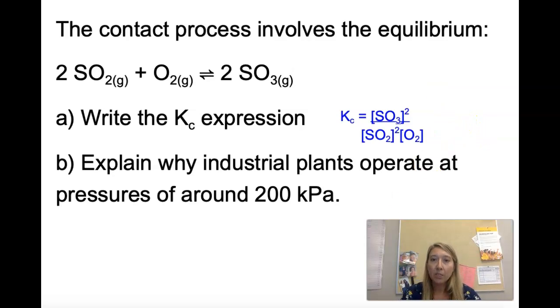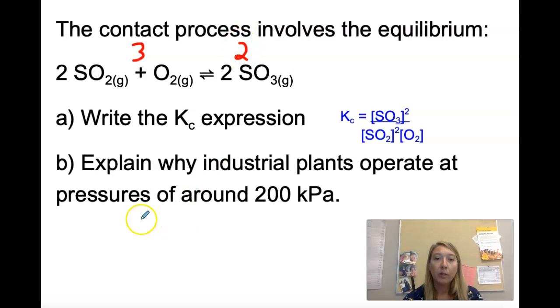Part B: explain why industrial plants operate at a pressure of around 200 kilopascals. If you remember back to last year, we talked about how room pressure is usually just above 100, so this is operating at a higher pressure than normal. Why might this reaction want to operate at a high pressure? Remember, when we talked about pressure, we talked about gas molecules. There are 3 on this side and 2 on this side.